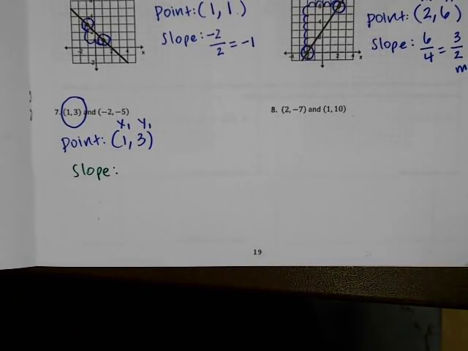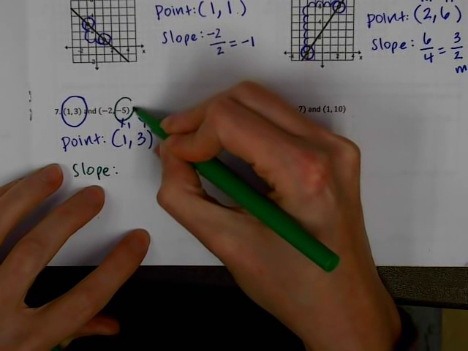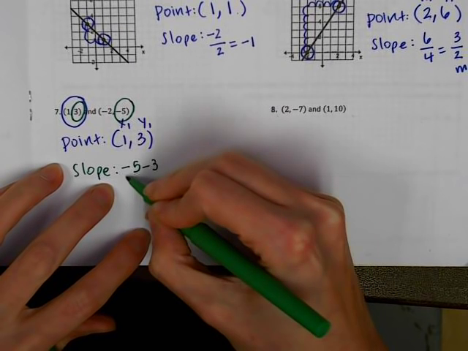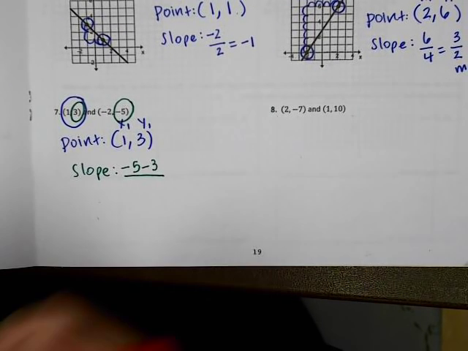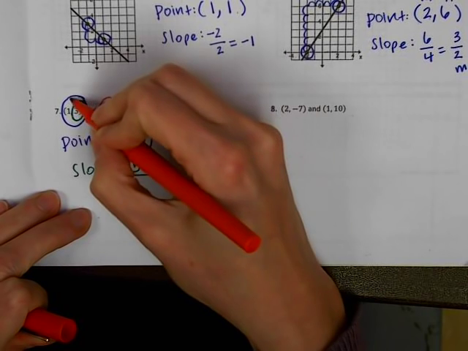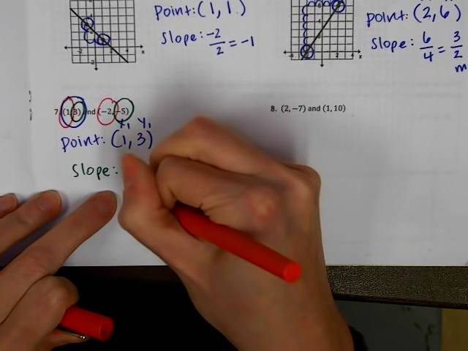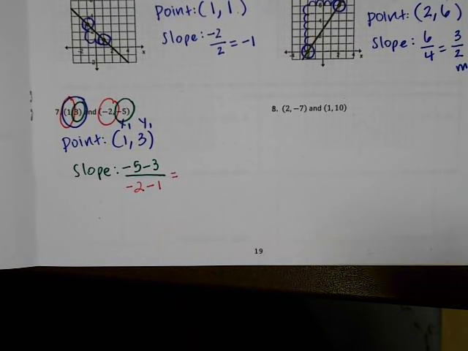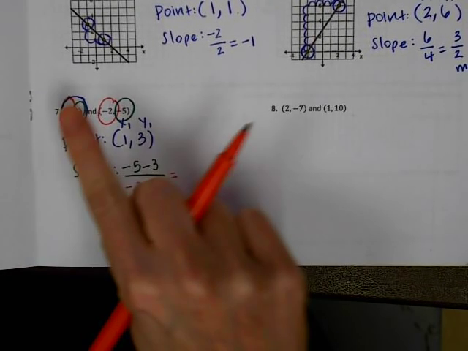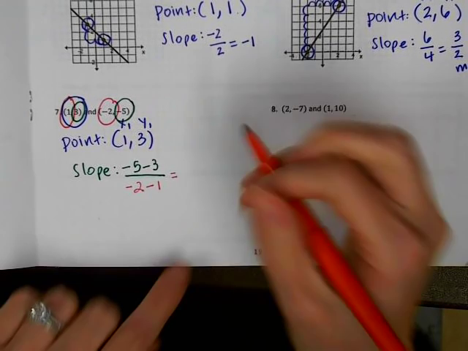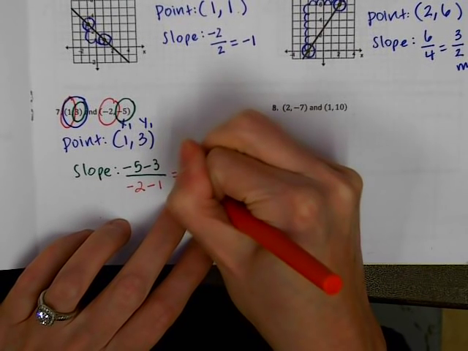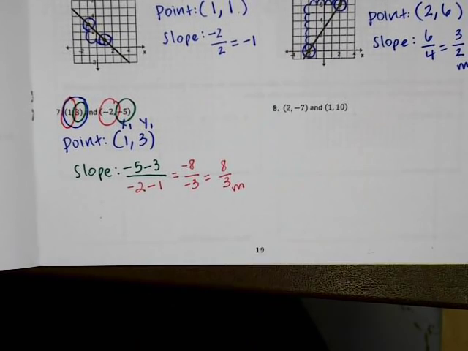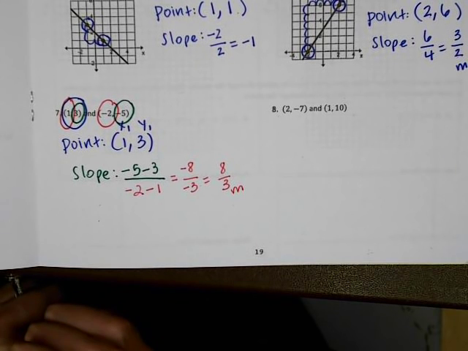Remember, to find the slope, you do y2 minus y1, so negative 5 minus 3, over x2 minus x1, so negative 2 minus 1. Remember that from the last chapter? If you calculate that, it's negative 8 over negative 3, which we can simplify to positive 8 over positive 3. That's m.